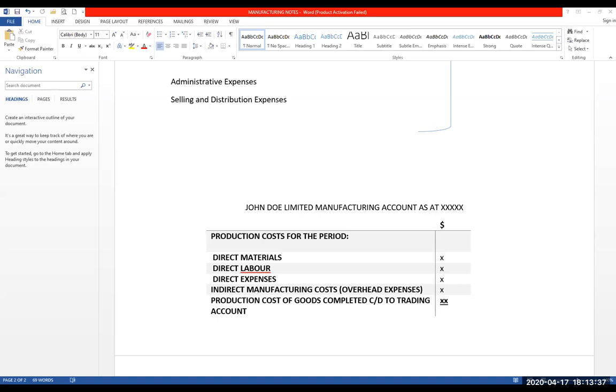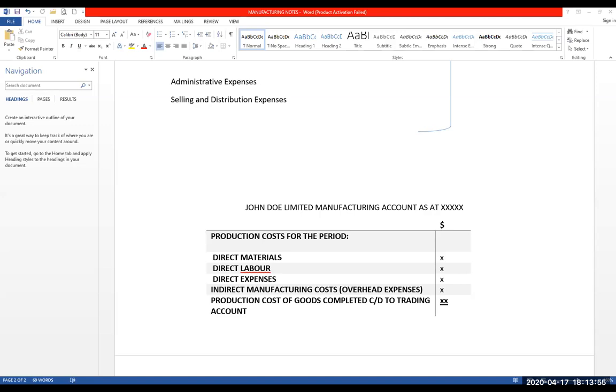Net purchases of raw materials added to your opening stock will give you cost of raw materials available for use, less closing stock, gives you cost of raw materials used. Add your direct labor and direct expenses and that will give you a prime cost.